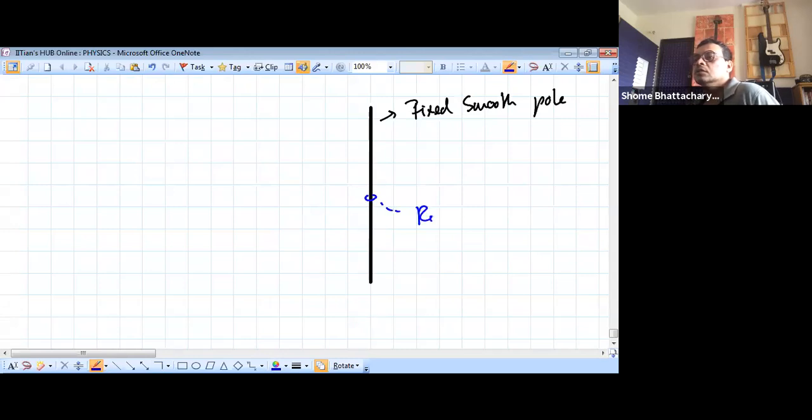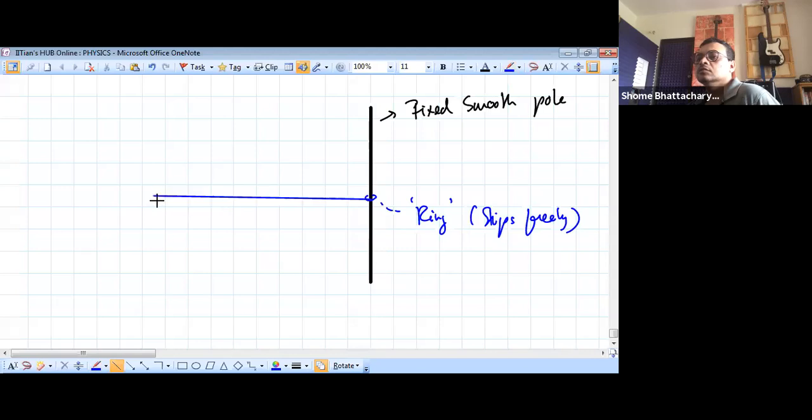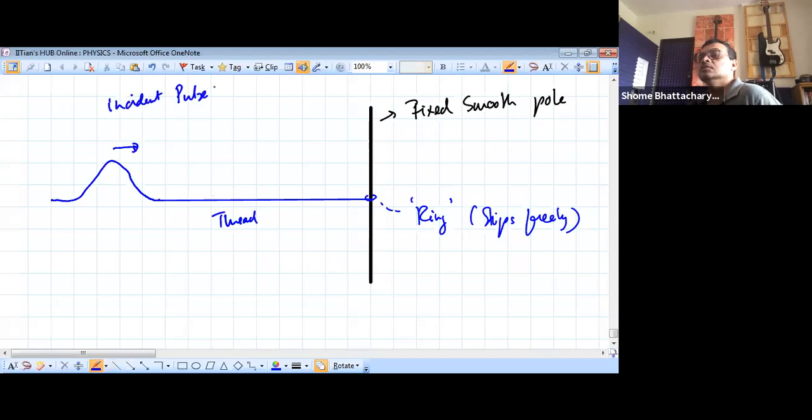So this is a ring that can slip freely on the pole. Okay, and your string is tied to it. And your thread is tied to it. Some kind of incident pulse, which has again some width and some height.